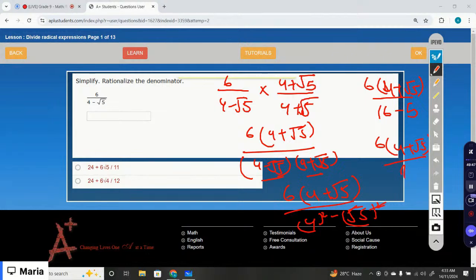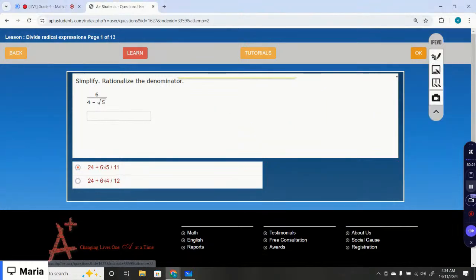So option number 1 is the correct option, right?